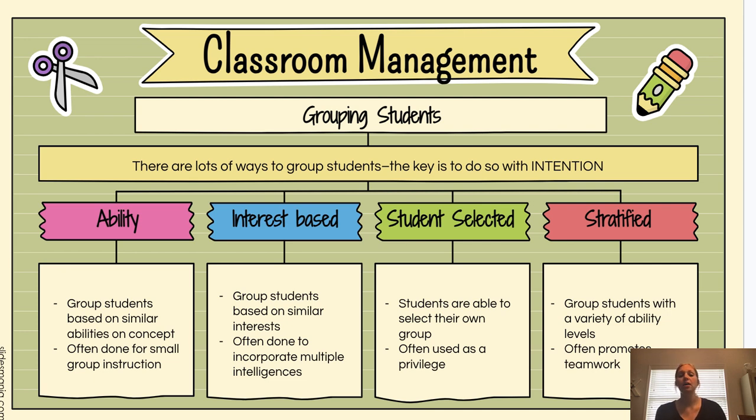These students are very similar in how they are performing academically, and you put them into groups that way. That often happens in lower grades, especially when you're doing stations or center time, so that you can teach them at their level, and you can reteach or expand.